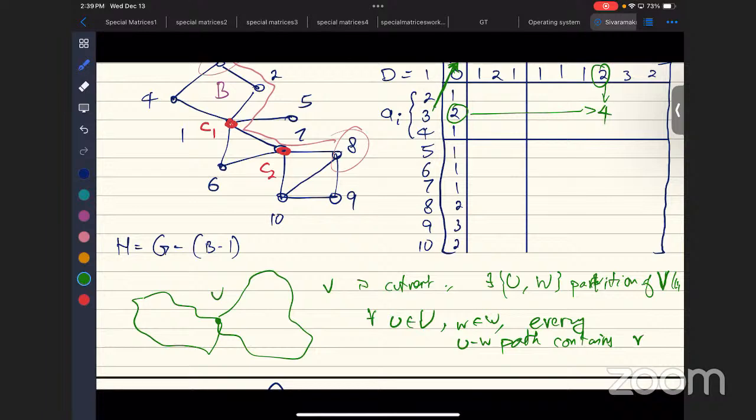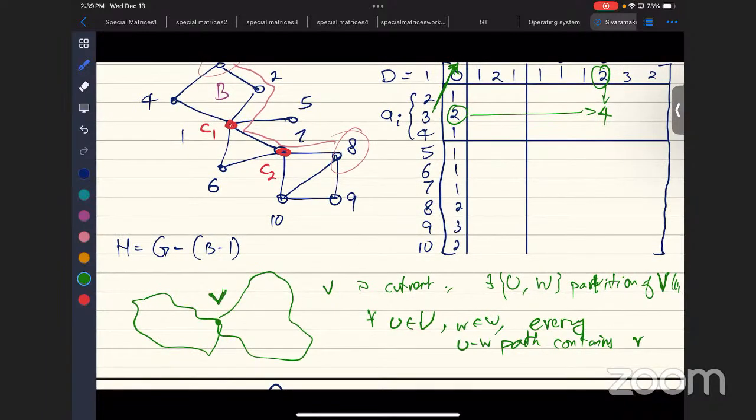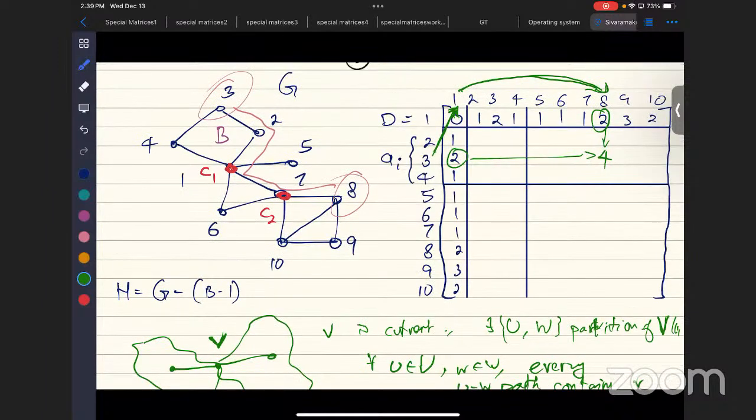V is a cut vertex, so that you have some part here and some part here. Whatever vertex here you take, whatever vertex here you take, you have to pass through V. So that's a characterization you can do. So that's what is happening here.